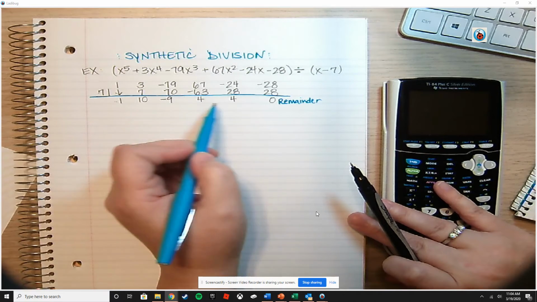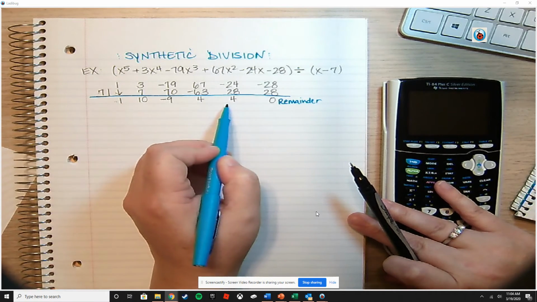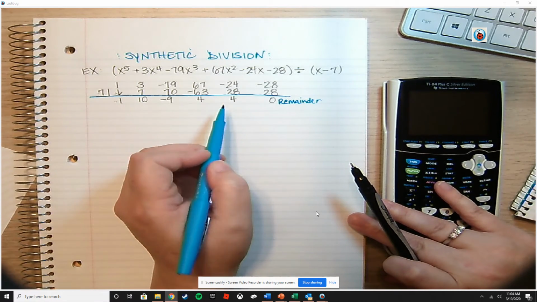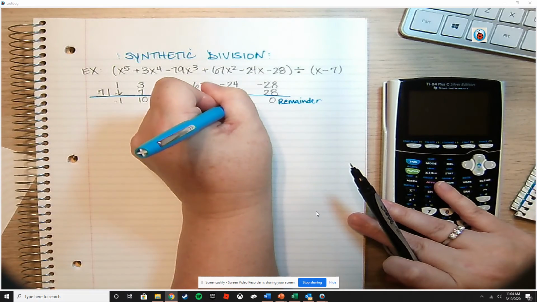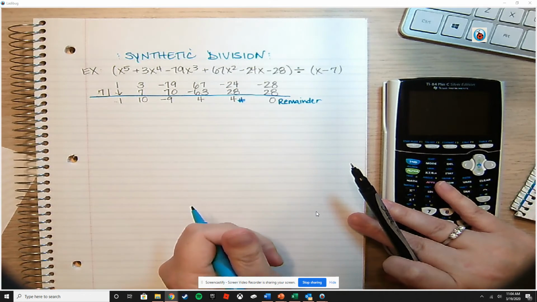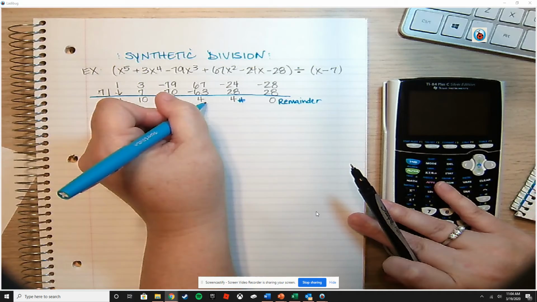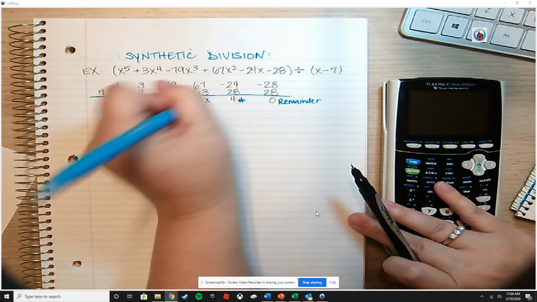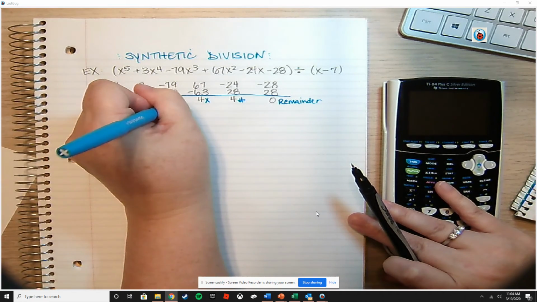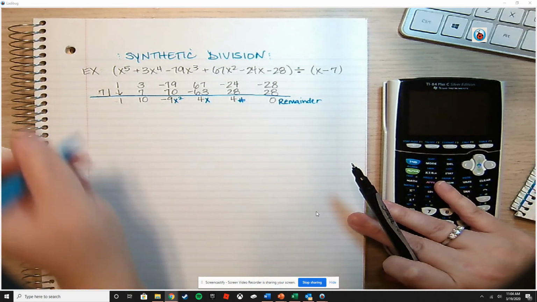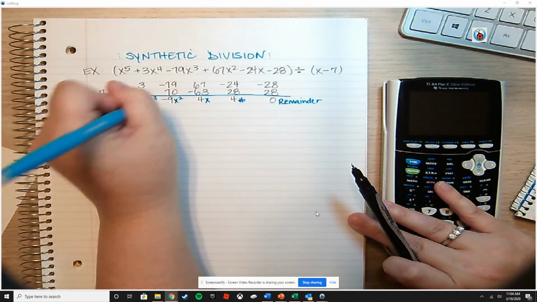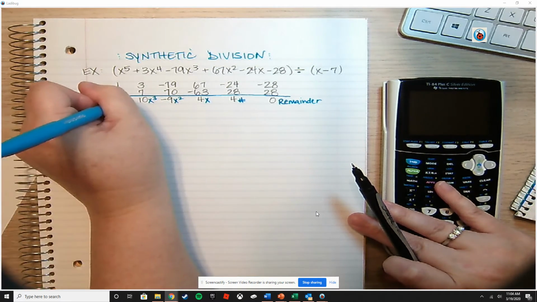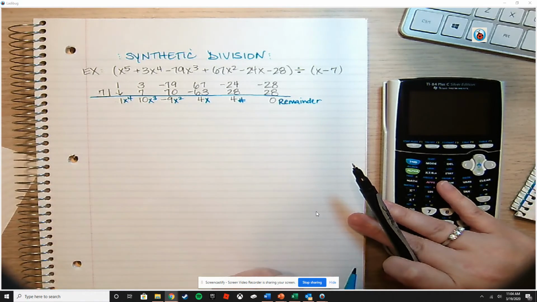All right, now this answer is a polynomial, and I need to set it up. So this last term is my number, and then my next term, this is x, then this is x squared, this is x to the third, this is x to the fourth.